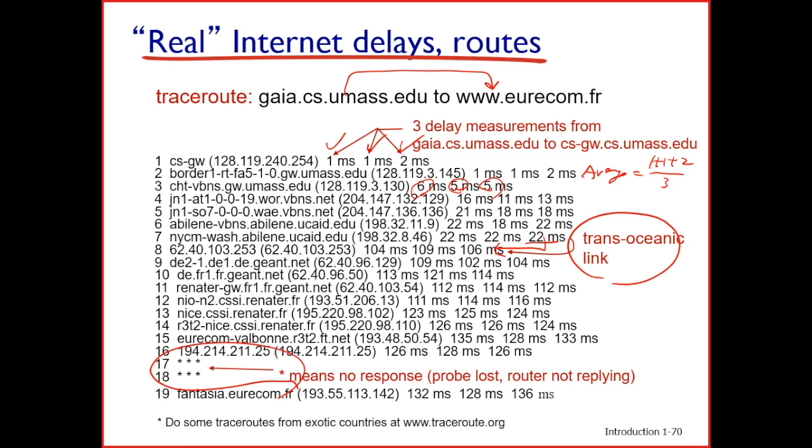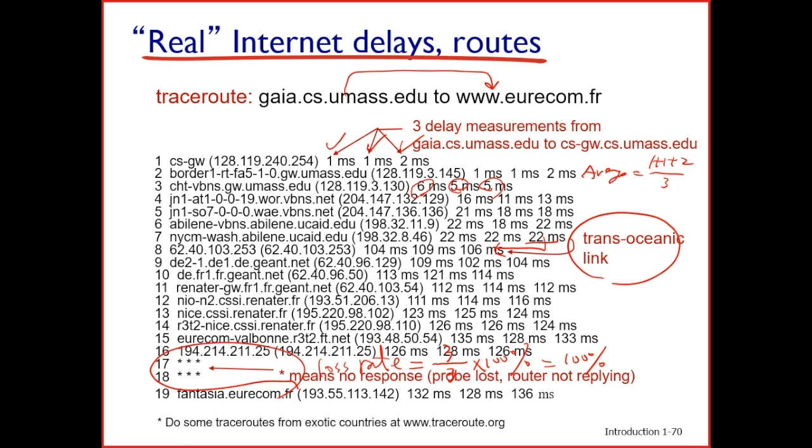All right. So here, if we talk about loss, what is the loss rate here? The loss rate here is 3 packets and 3 losses. So the loss rate around the router is 100%.